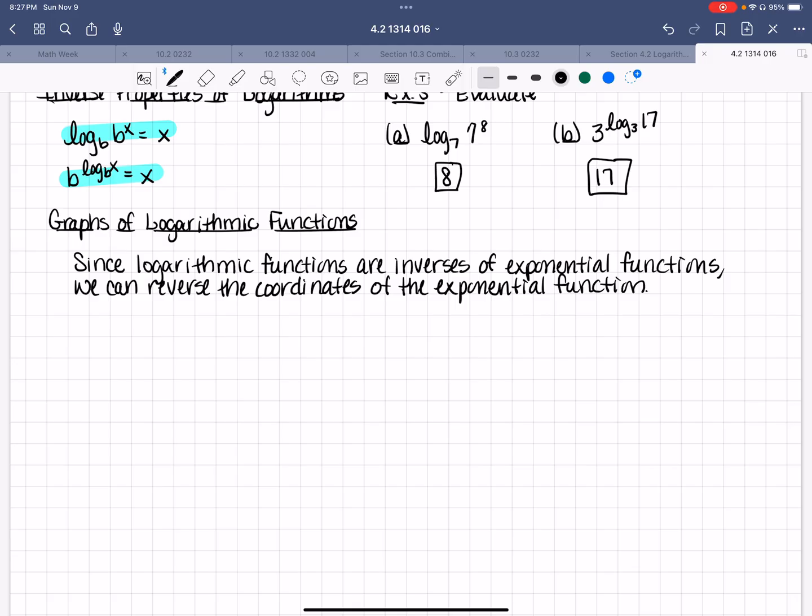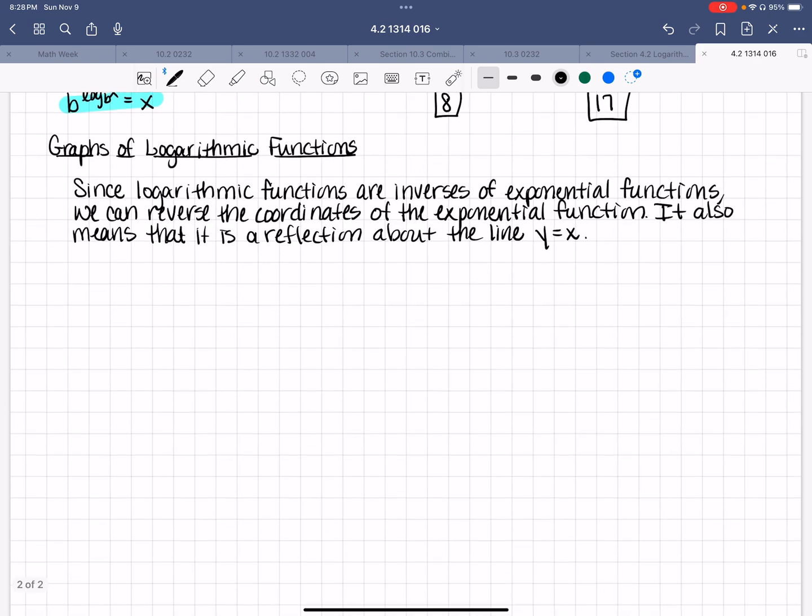Okay, it also means that it is a reflection about the line y equals x. Okay, so let's look at example 6.